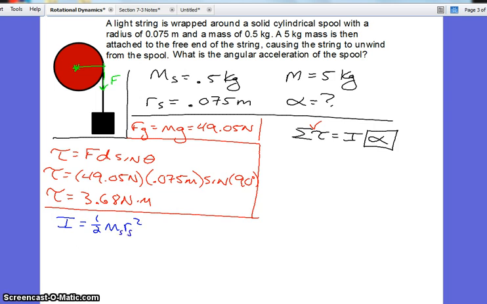So first we have the 1/2, and then our mass is 0.5 kilograms, and the radius is 0.075 meters. Don't forget to square that. So we get the moment of inertia to be 0.0014, and there's no special name for this unit, it's just a kilogram times a meter squared.